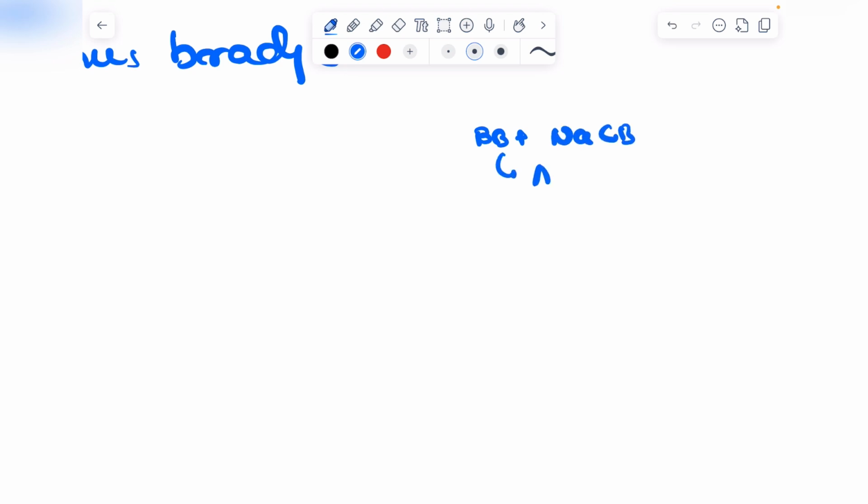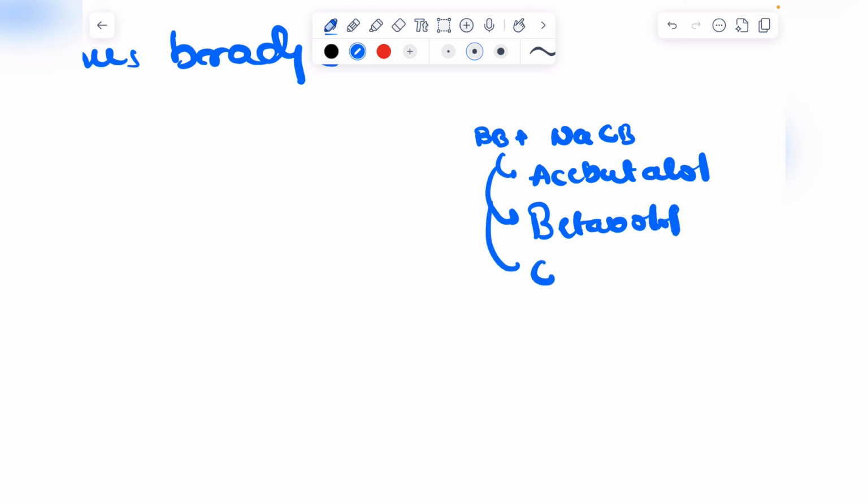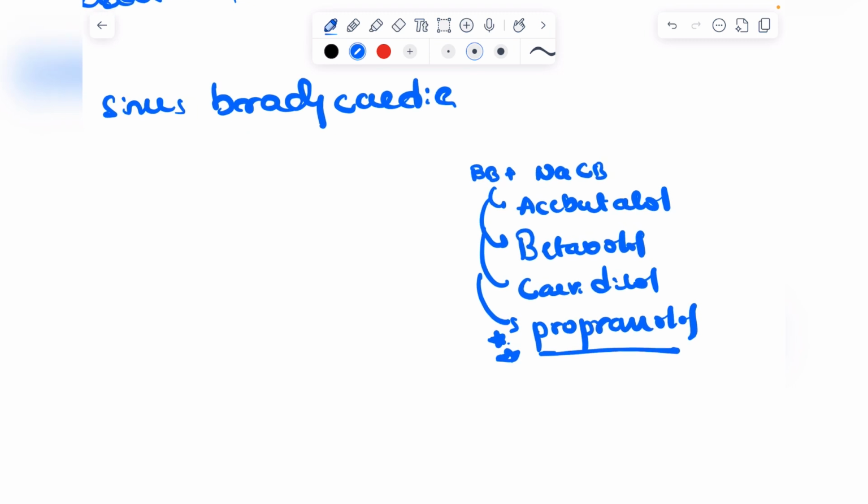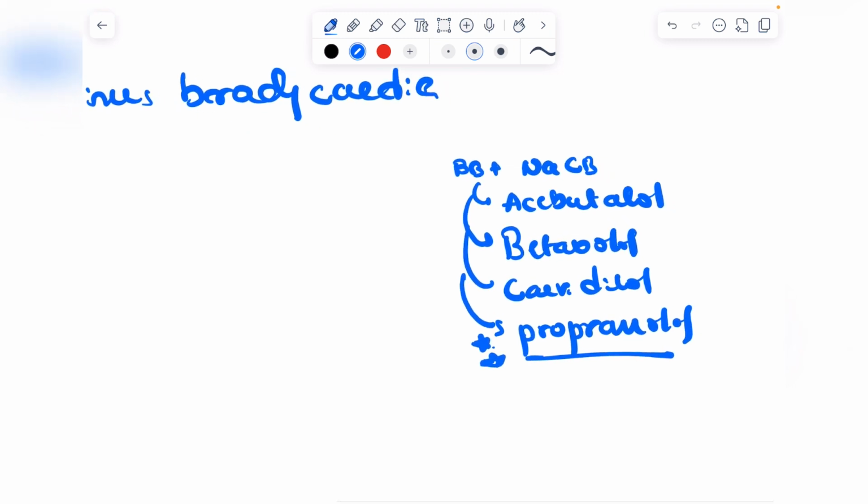What are these drugs? Acebutolol, betaxolol, carvedilol, and propranolol. Don't forget propranolol. So these drugs have additional sodium channel blockade.